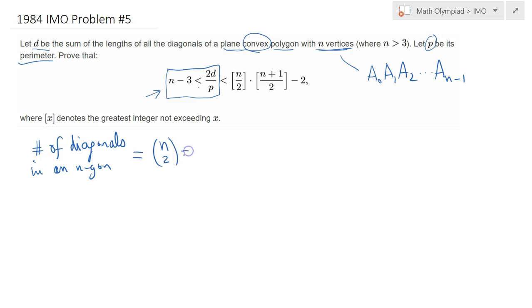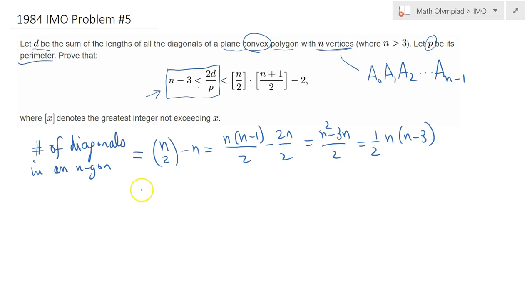So you want to make sure that it is not a side, one of the n edges. That would simply give us n times n minus 1 over 2 minus n, and I can write it as 2n over 2. So n squared minus n squared minus 3n over 2, which is finally 1/2 n times n minus 3.